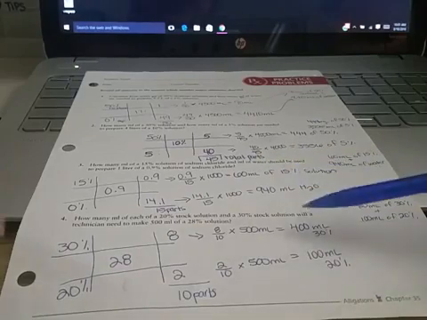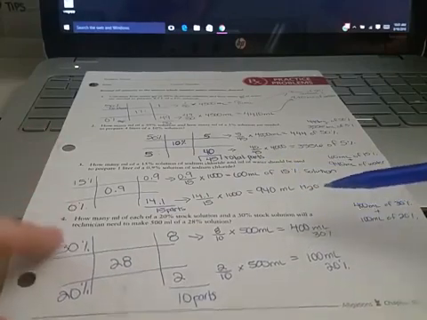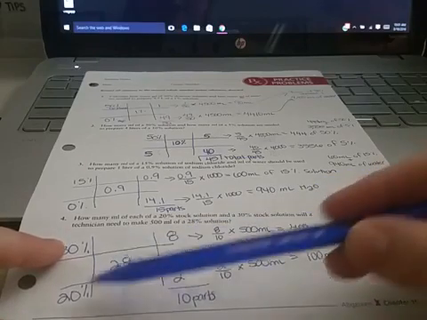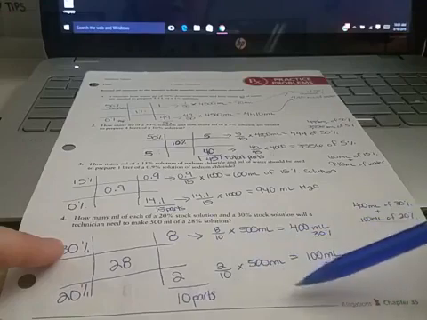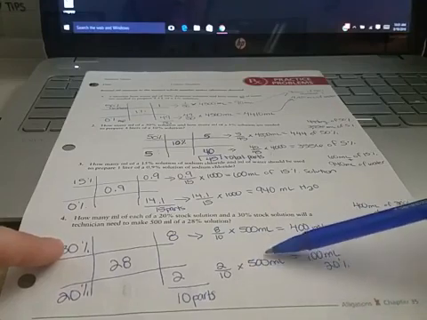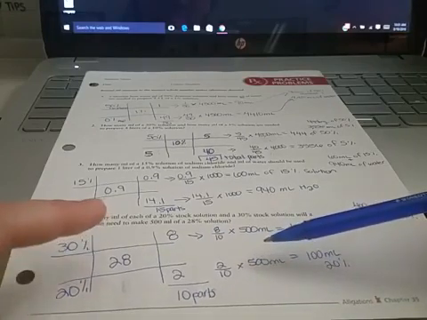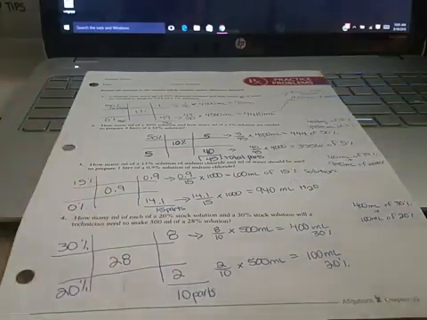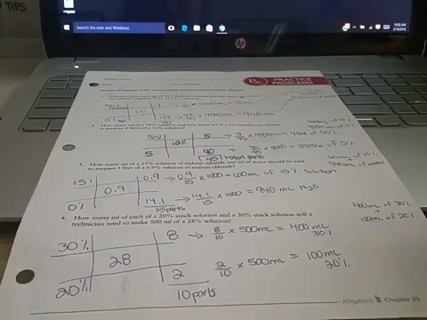So you will need 400 ml of this solution in the bottle, and 100 ml of this solution in the bottle to get a total of 500 ml whose strength is 28%.